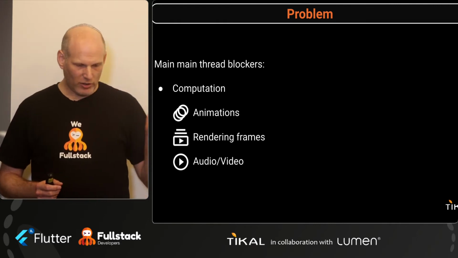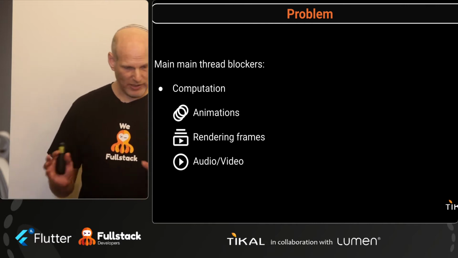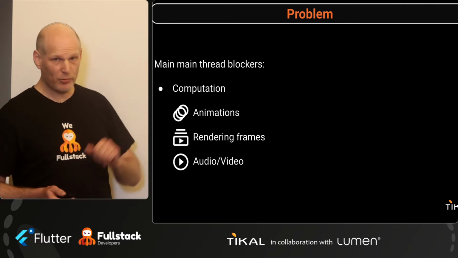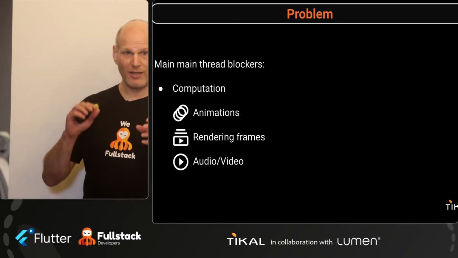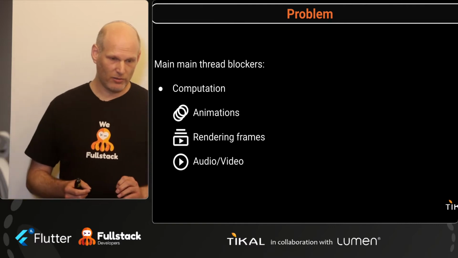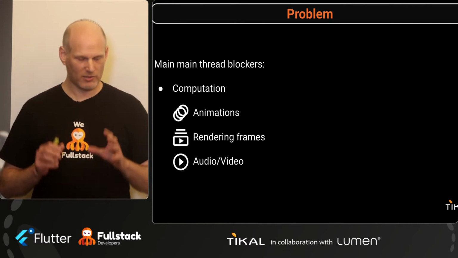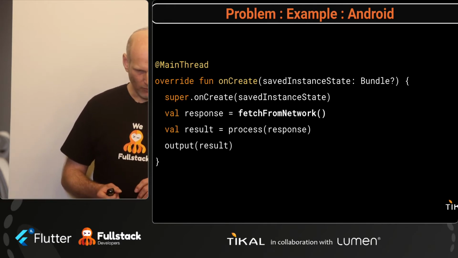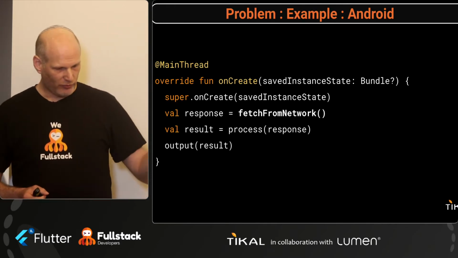Also audio-video decoding or encoding, very expensive computationally. And my app falls into this category of computations because it does a lot of calculations. Like when you see examples that do Fibonacci numbers and things like that, it's better to do it not on the main thread. So here's an example that I brought from Android.